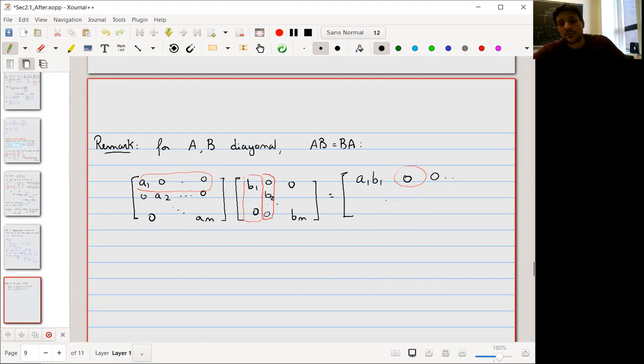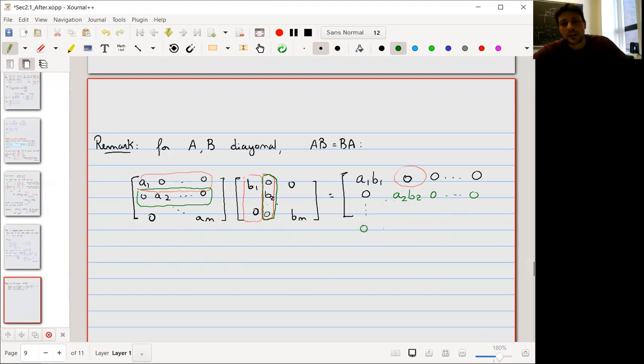It will be the same for all of the other multiplications that I have to do. The only way that they can match again is, for example, let's look at the second column of B. This will match with the second row of A, because in that case, I will have 0 times 0 plus A2 times B2, and that will become my entry here. And then all the others will still be zeros all the way.